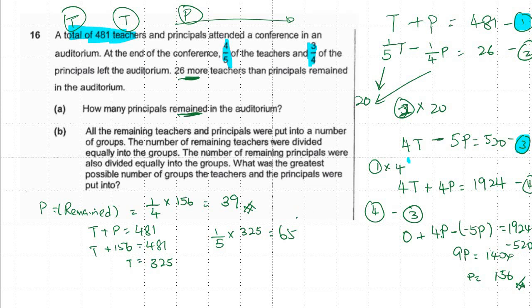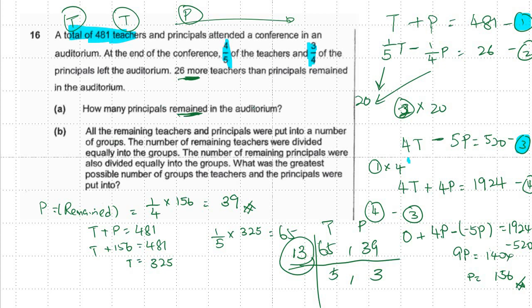So that means I need to find a common factor. 65, 39. So I go and divide by 2, divide by 3, until I realize that the two numbers can be divided by 13. So here we'll have a remaining of 5, and here we have 3. So here is teachers and here is principals. What does this mean? I can divide the remaining teachers and the remaining principals into 13 groups.